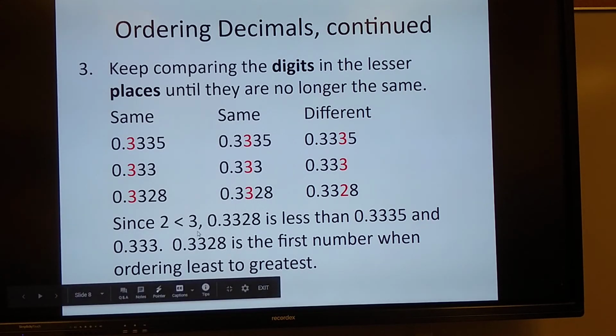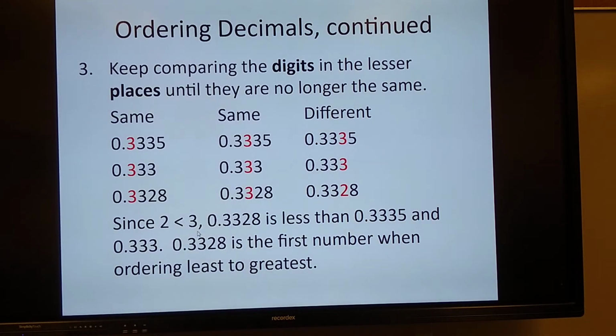Since 2 is less than 3, 3,328 ten-thousandths is less than 3,335 ten-thousandths and 333 thousandths. So 3,328 ten-thousandths is the first number when ordering least to greatest.